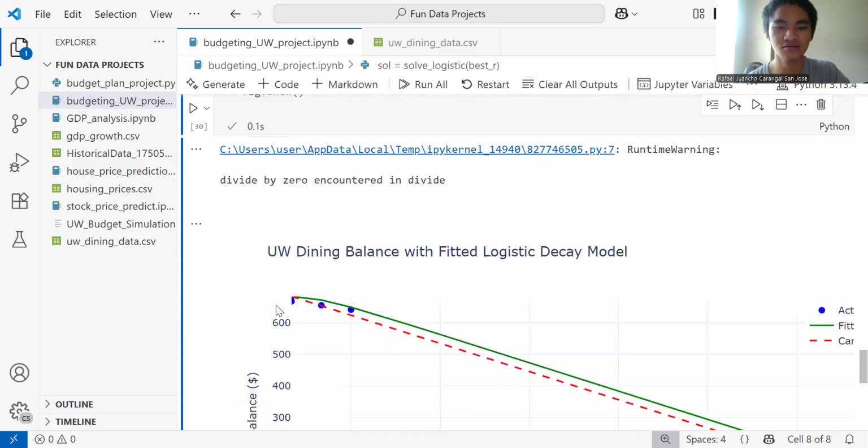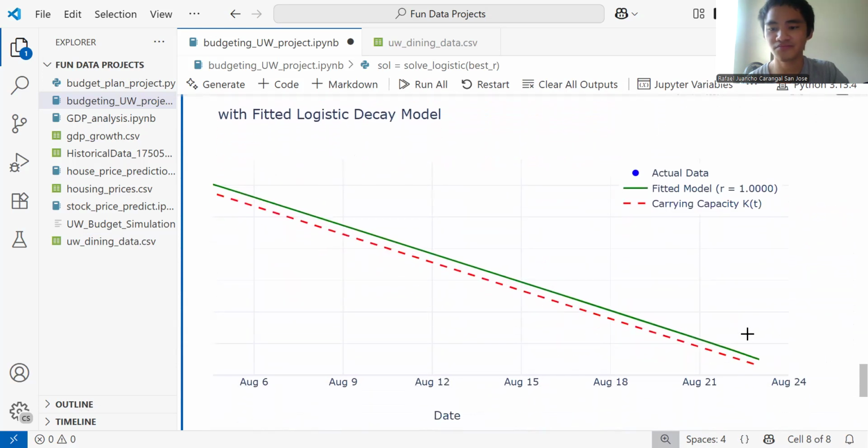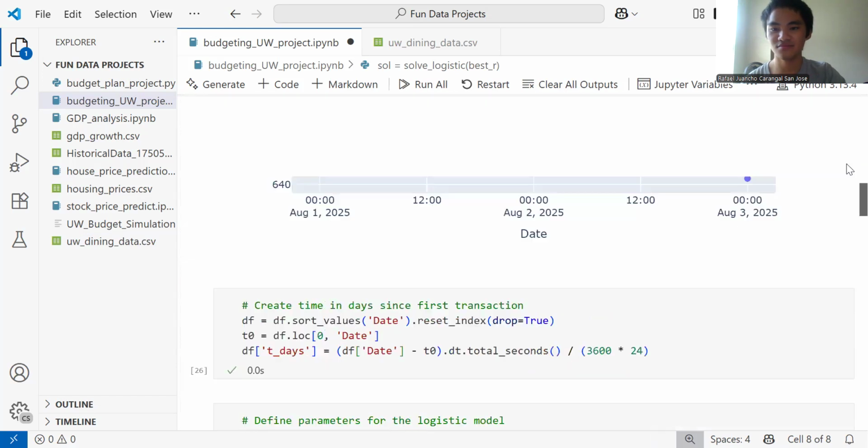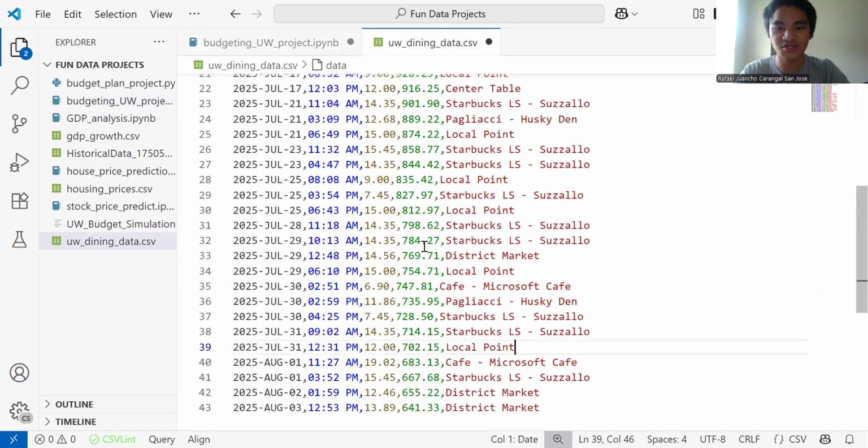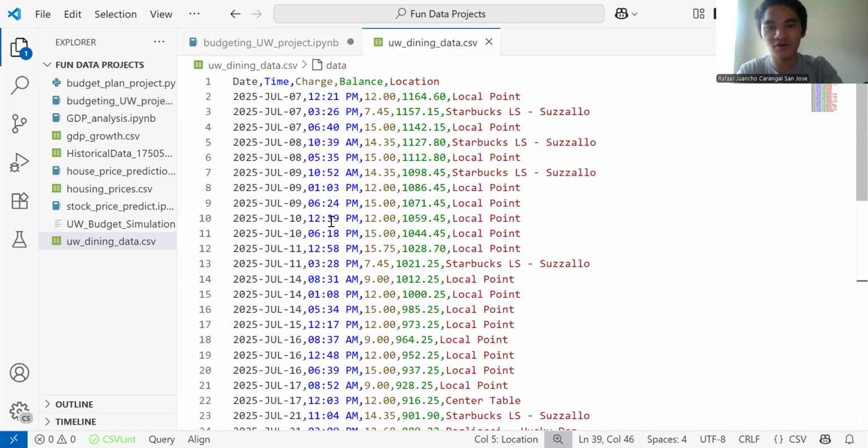And so yes, my carrying capacity as well as my fitted model also adjusts based on the data, right? Fun stuff, interesting stuff though.